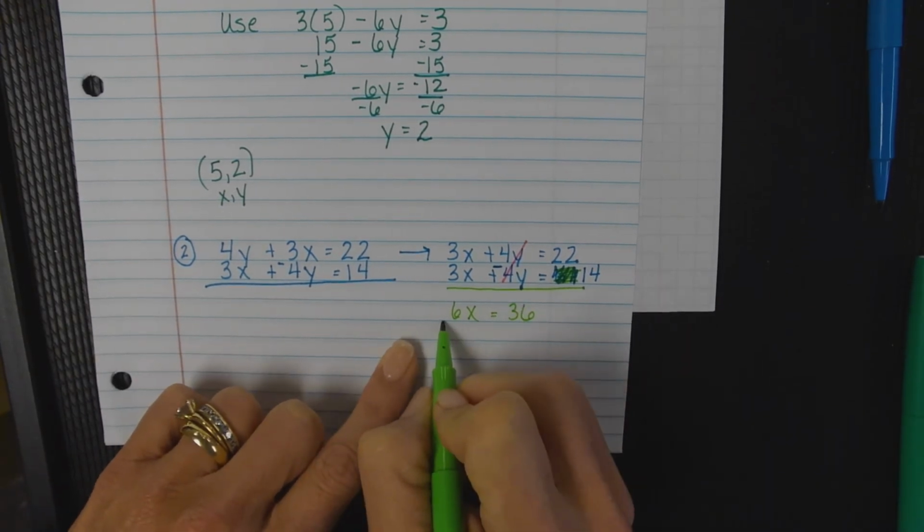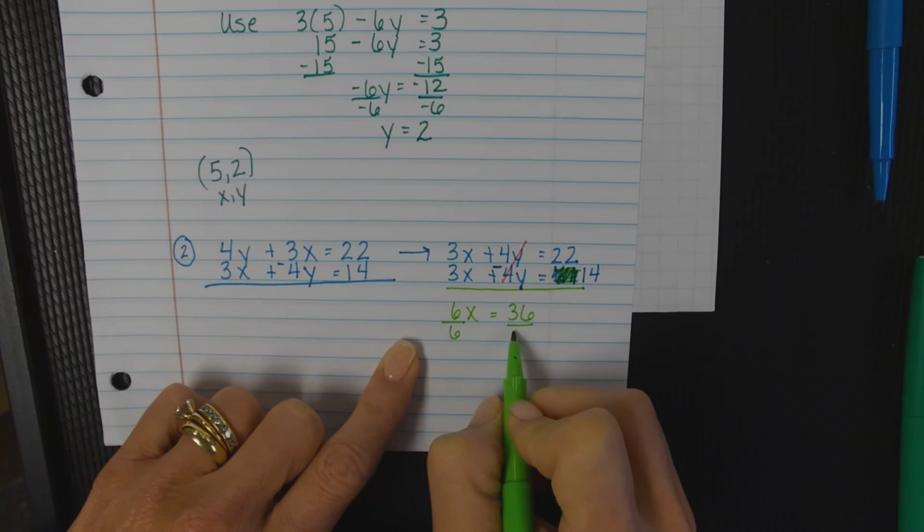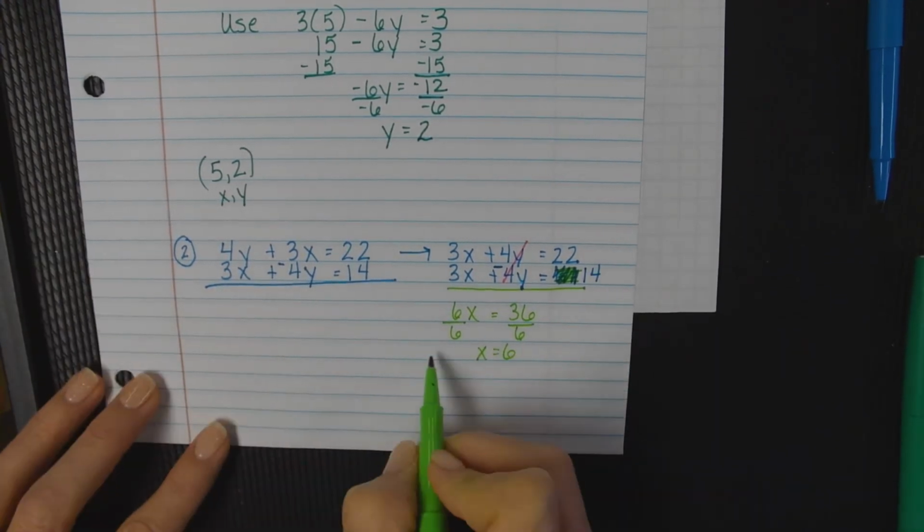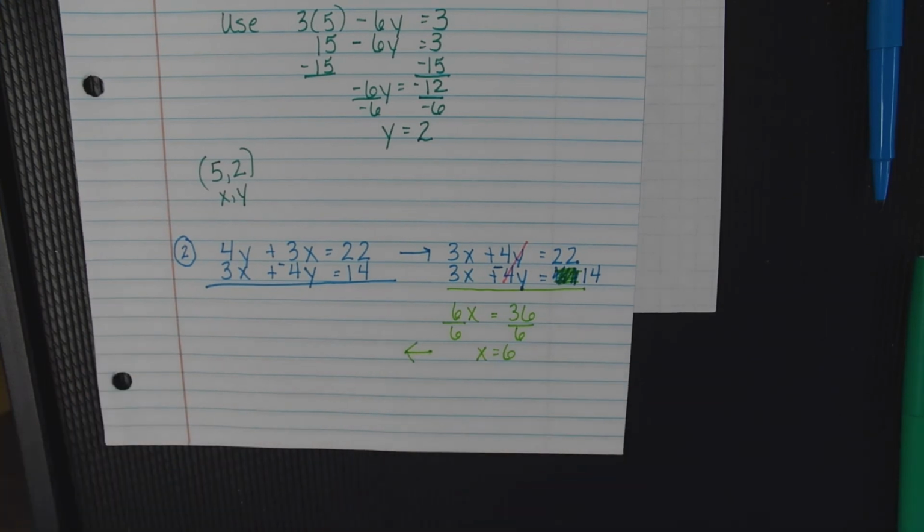What'd you get for x? X equals 6. All right, so find y. I'm going to kind of go backwards and go that way. X is 6. When you get y, show me.